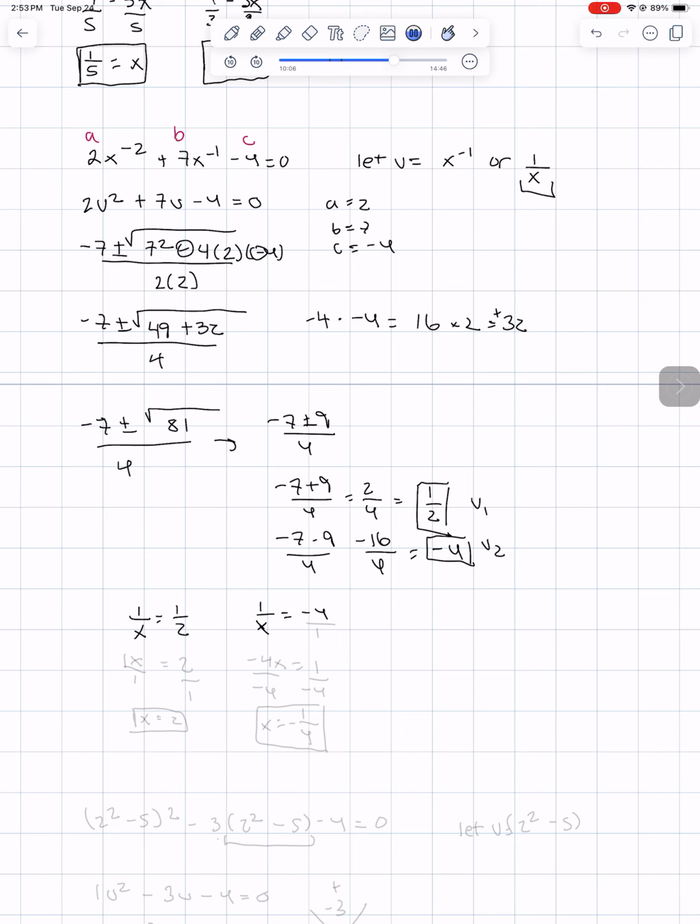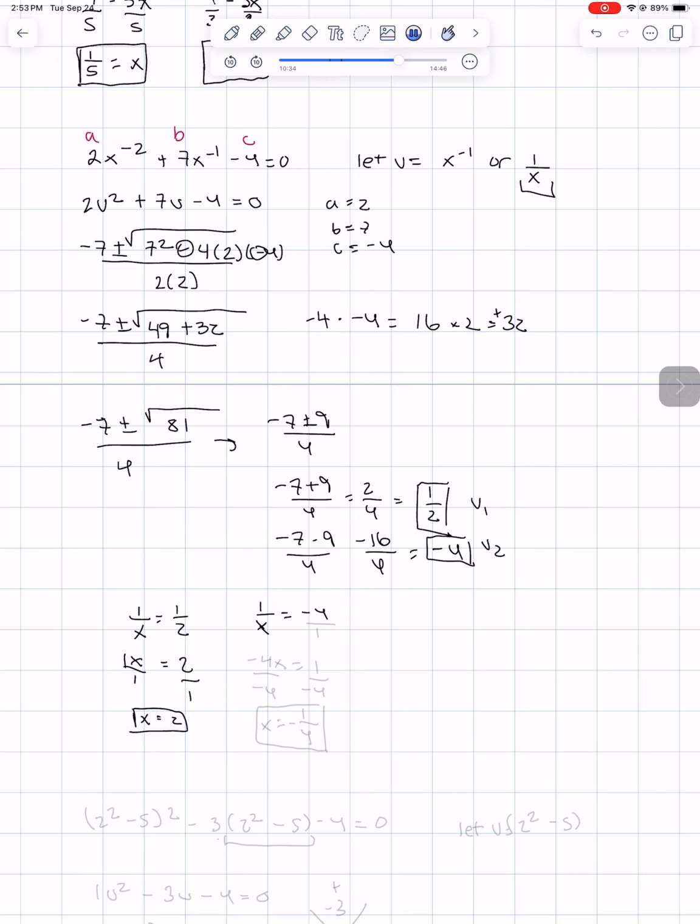So now what I do is I want to simplify. So again, I can cross multiply. So if I cross multiply, I get 2 equals x, or 1x, divide by 1, divide by 1. We get 2, so x equals 2.